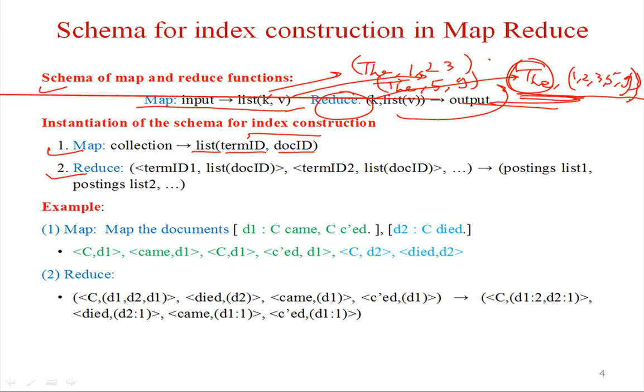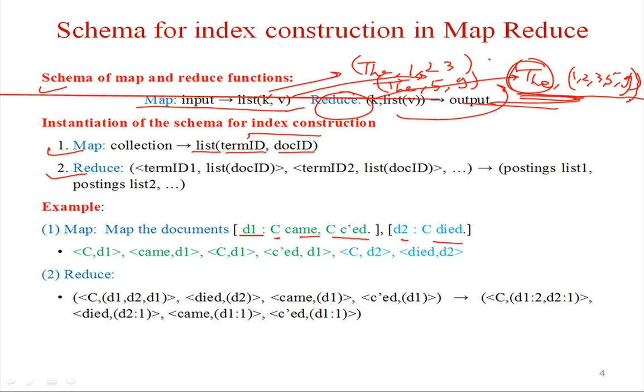For example, map the documents. You can take this as an exercise: suppose D1 contains C, K, and C's, and D2 contains C died.